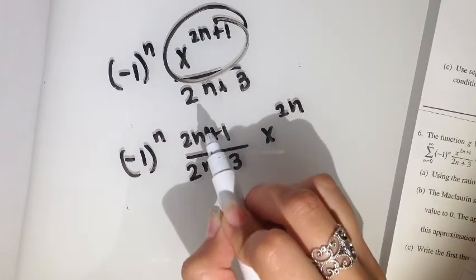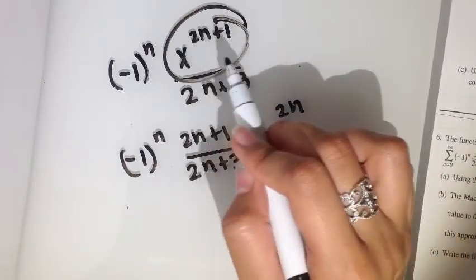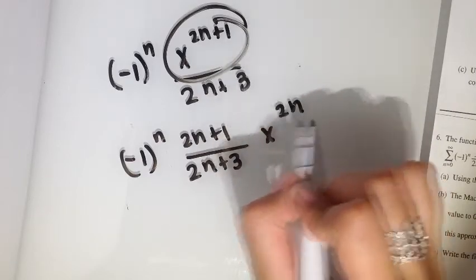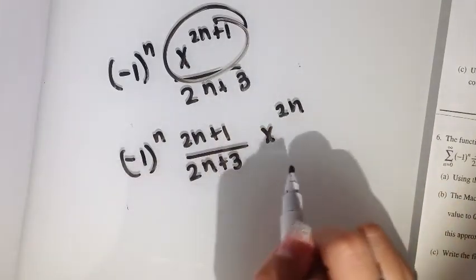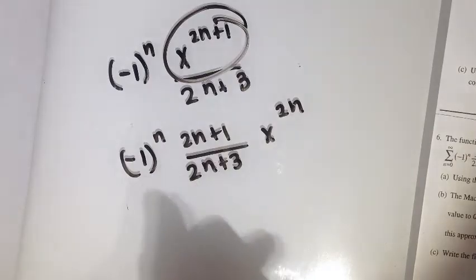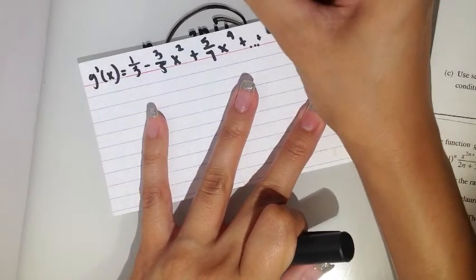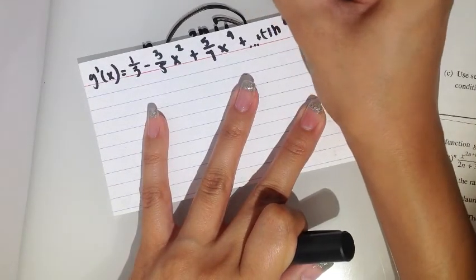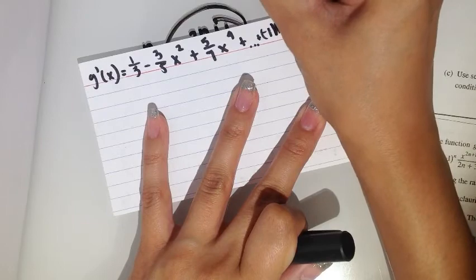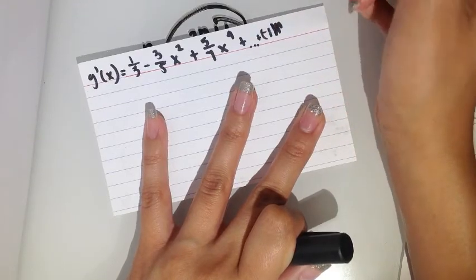Here I brought it down, and then subtract 1. 2n plus 1 minus 1 is just 2n, so this is your general term for G prime of x. Let me just put that in. Well, you get the idea.